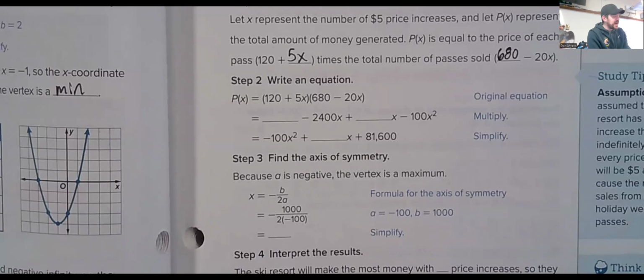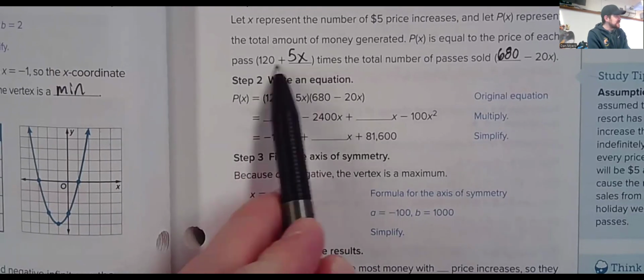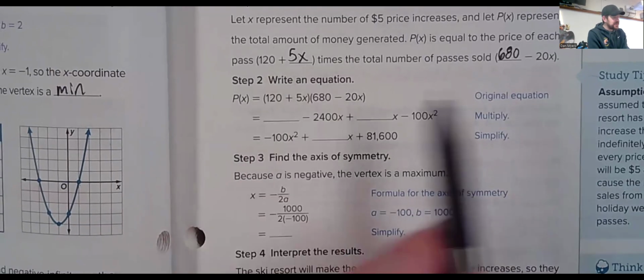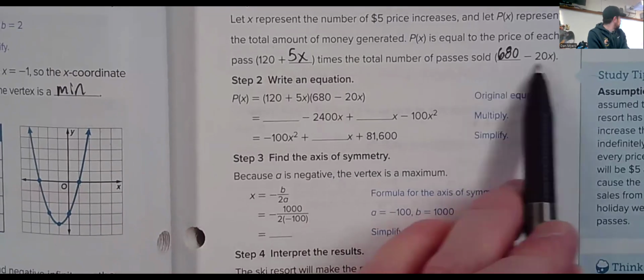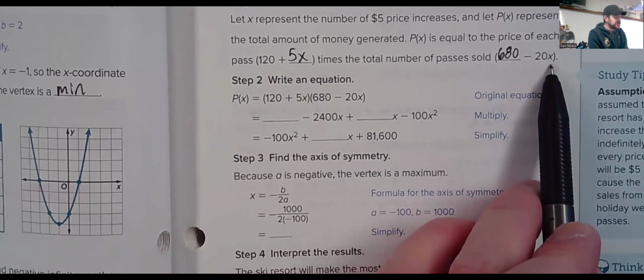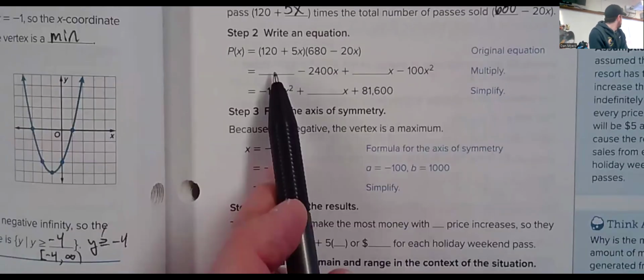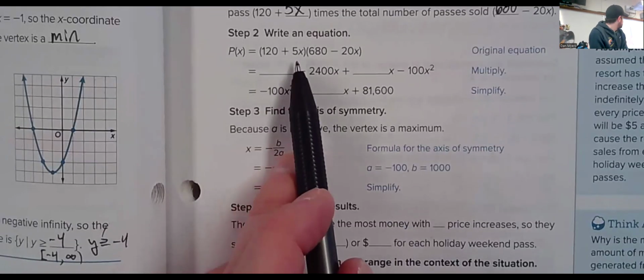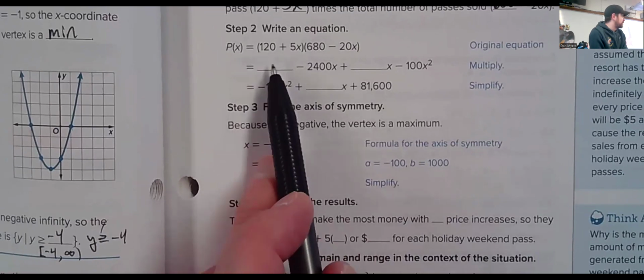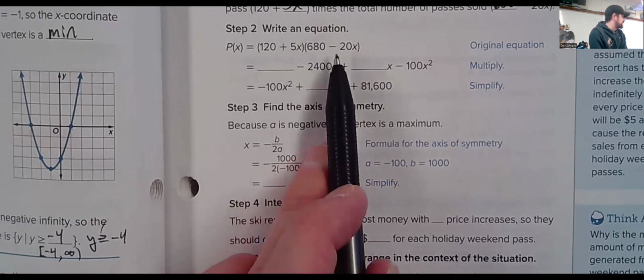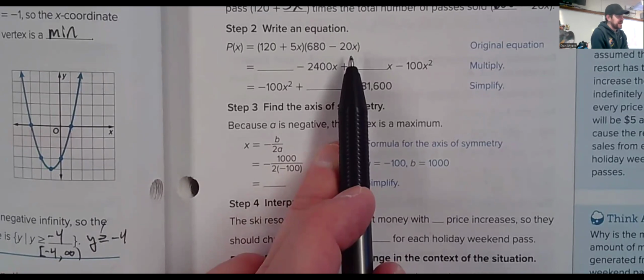Now, if you multiply the cost of the pass times the number of passes sold, that will give you the total amount of money earned. So here it is. That's the cost of the pass right there. This was the 125, 130, 135, and so forth. This was the 660, 640, 620, all that. And that's how we can calculate those.